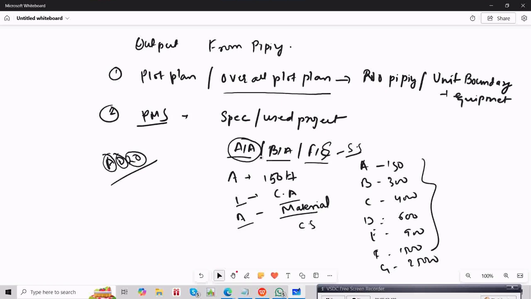Now, who creates this PMS? If it is a big company, it will be your material engineer. If it is a small firm, it will be your piping engineer. So this is the second output from our end. The third output will be your equipment layout.